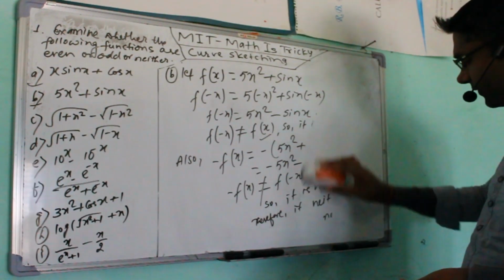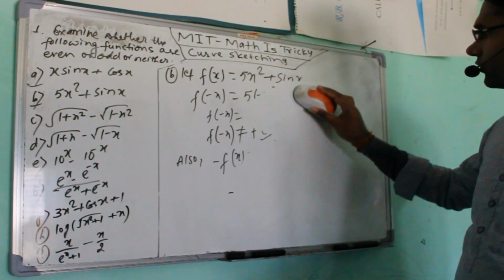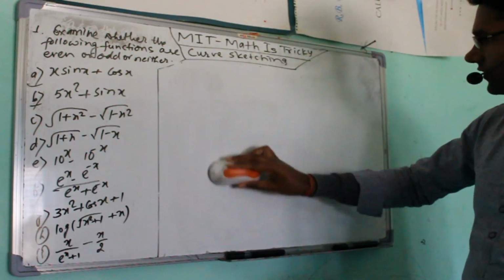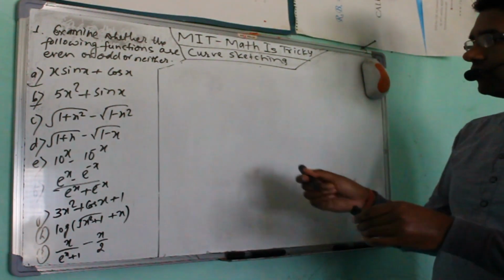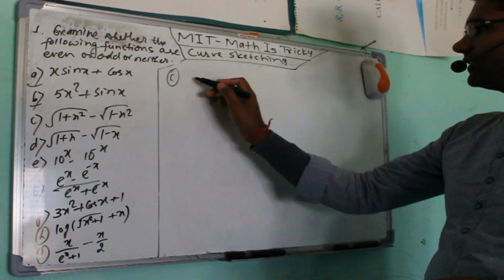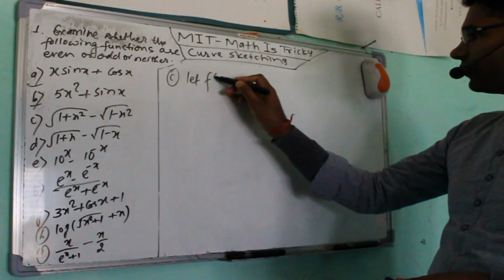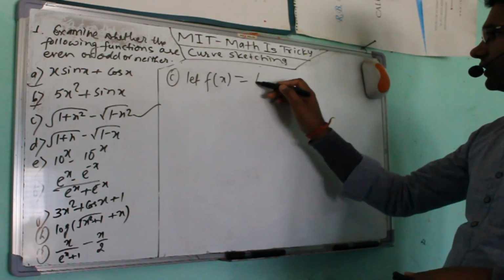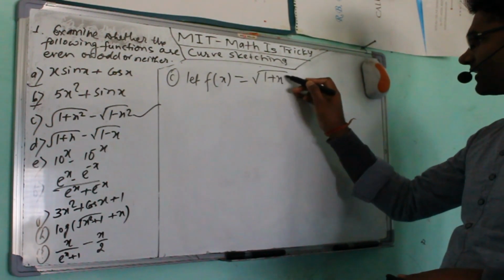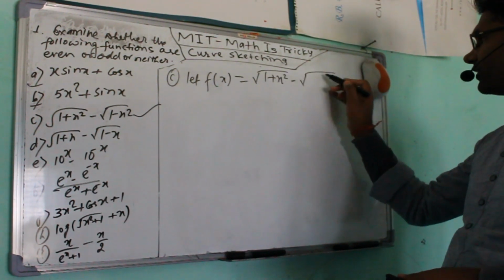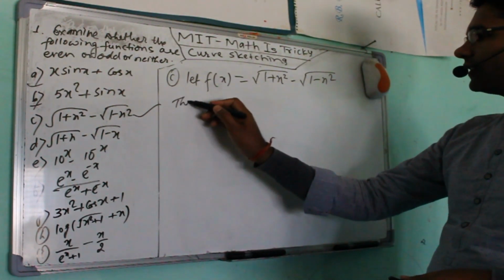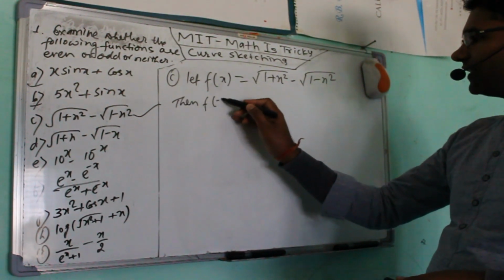Let's see another question. You just need to remember the definition to know whether the function is even or odd. See here, number C, let f of x equal square root of 1 plus x square minus square root of 1 minus x square. Then let's find f of minus x.